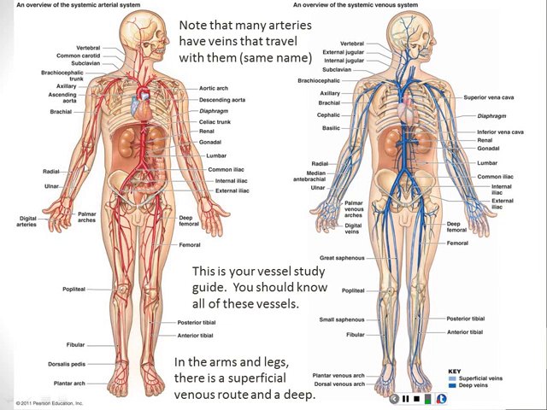So radial arteries on the radial side, ulnar artery follows the ulna down. In the abdomen, of course, we've got the renal arteries going to the kidneys. The celiac trunk is what supplies the digestive tract, and we'll hear more about the celiac trunk when we get to that chapter.